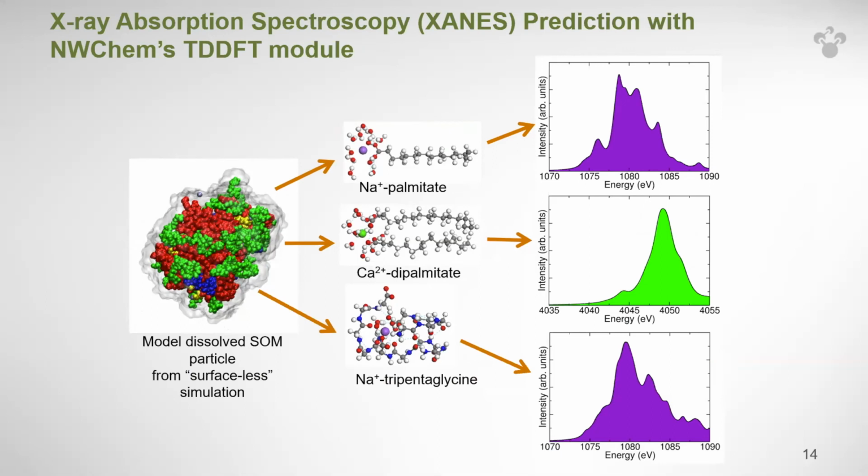So we are taking that smaller cluster of water and organic matter out of the system to look at the XANES of these particular cluster systems with NWChem's TDDFT module. And this is just an example of a few of many different clusters that we can grab from one of these systems and produce, like, the sodium XANES and the calcium XANES from these clusters.